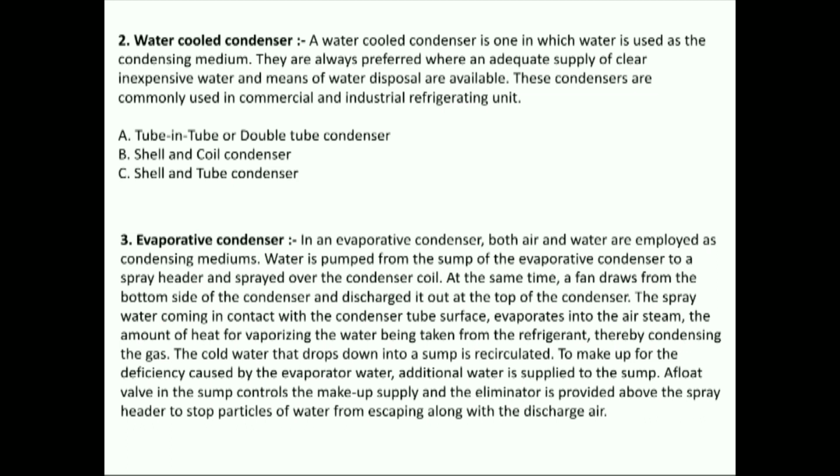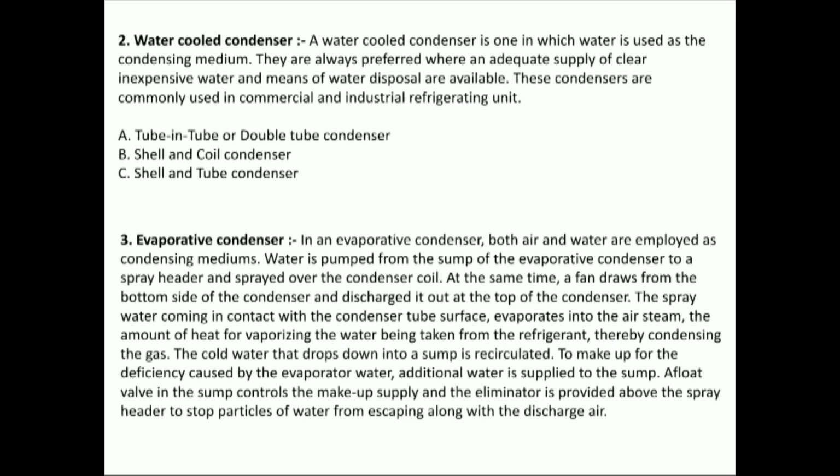3. Evaporative condenser. In an evaporative condenser, both air and water are employed as condensing mediums. Water is pumped from the sump of the evaporative condenser to a spray header and sprayed over the condenser coil. At the same time, a fan draws air from the bottom side of the condenser and discharges it out at the top of the condenser.